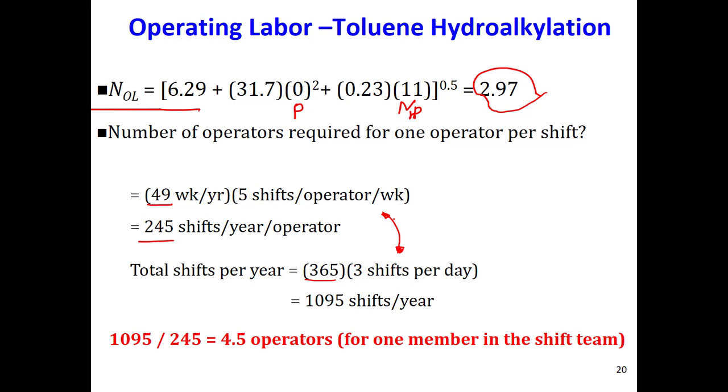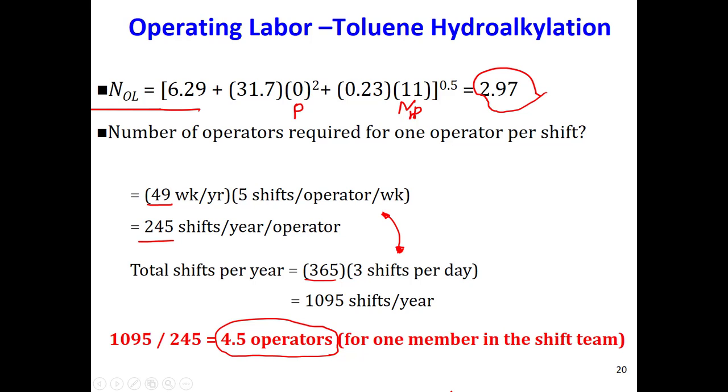Another operator works from Sunday to Thursday and is off Friday and Saturday. So it moves from one day to another for different operators. This is why the plant is working 365 days per year, and each day we have 3 shifts, so totally we have 1095 shifts per year. If you divide this number by this number, you will get 4.5 operators that you need in each shift over a year.